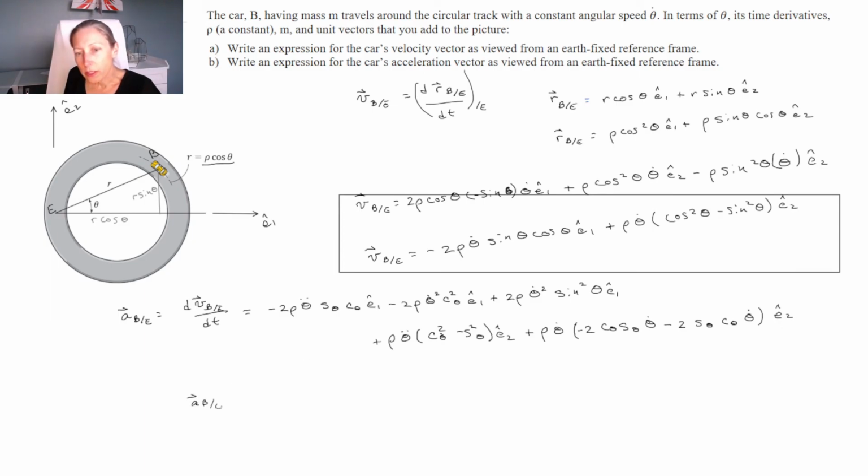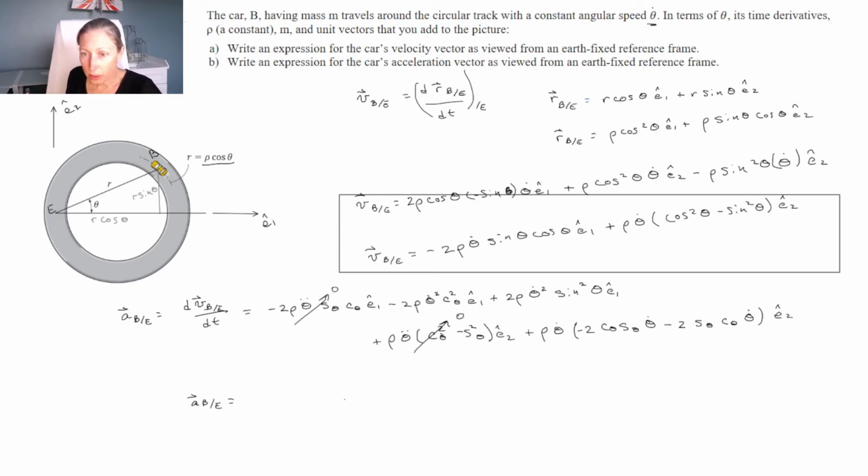So my acceleration of v with respect to e. And before I go on, I should also mention that theta dot is a constant. We're told that. So theta double dot is 0. So the theta double dot terms are going to fall out. So there's 0.